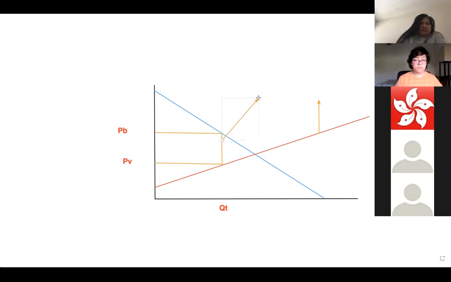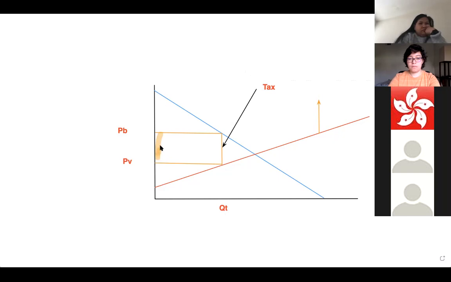here, oh, well, I'm going to do it the other way. Let me do it as a black arrow. This distance here is the amount of the tax, right? So this orange rectangle, it's the amount of the tax multiplied by the number of units sold with the tax.